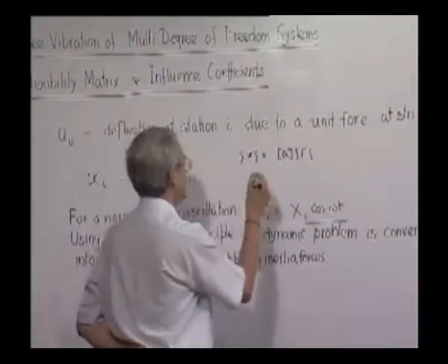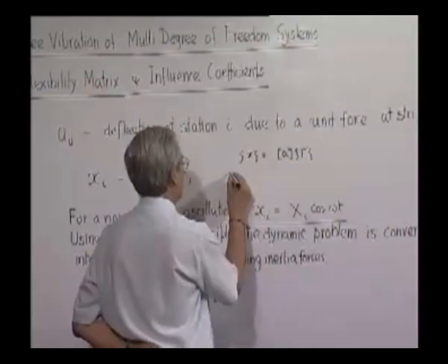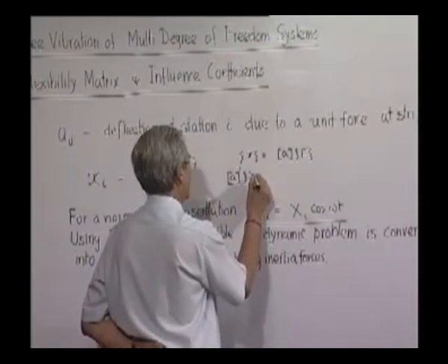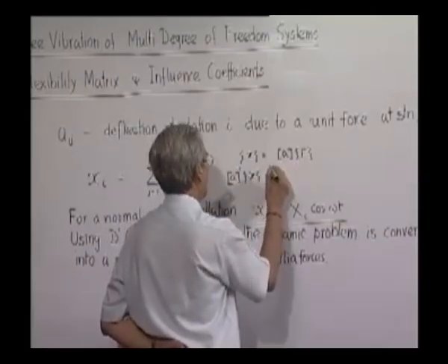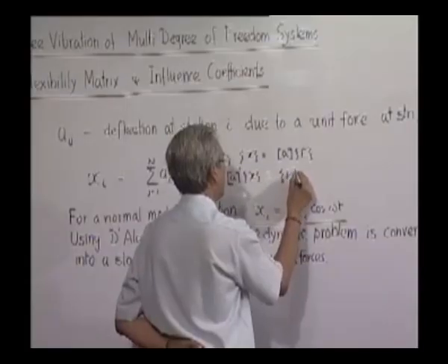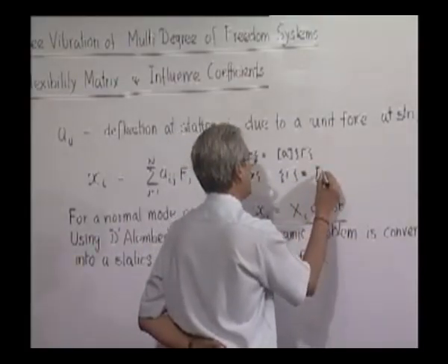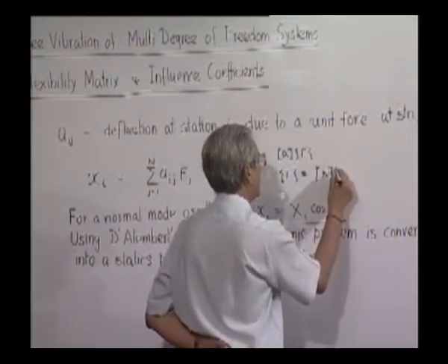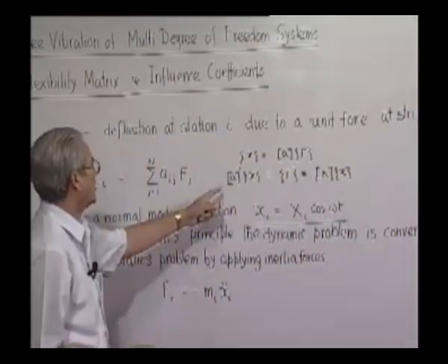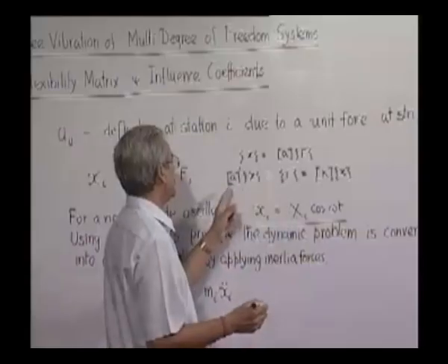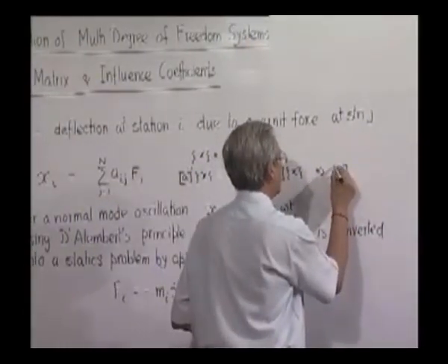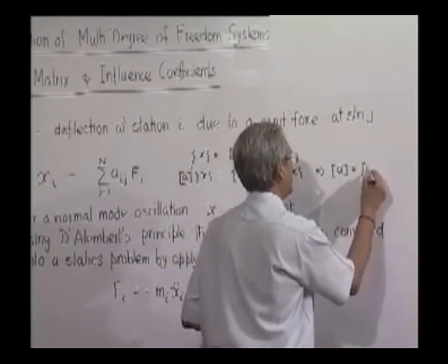So if you invert, pre-multiply by A inverse, this will be A inverse into A is unit matrix. So this is F. But we know F matrix can be written as this also. So K matrix is nothing but inverse of A, or A matrix is nothing but inverse of F or K.